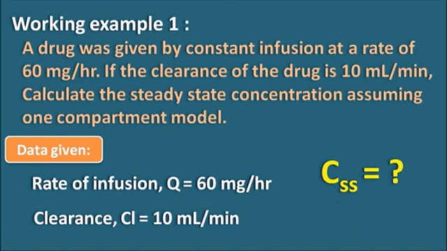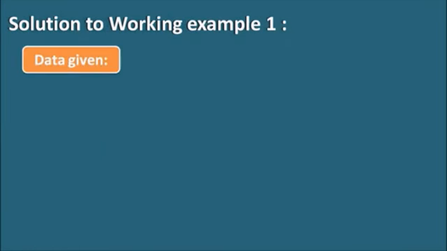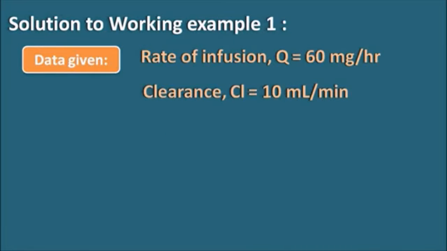So data given is rate of infusion, that is 60 mg per hour, and clearance 10 ml per minute. So which formula we have to use? We know that the rate of infusion is directly proportional to the CSS. So if you increase the rate of administration, then CSS is also going to increase.